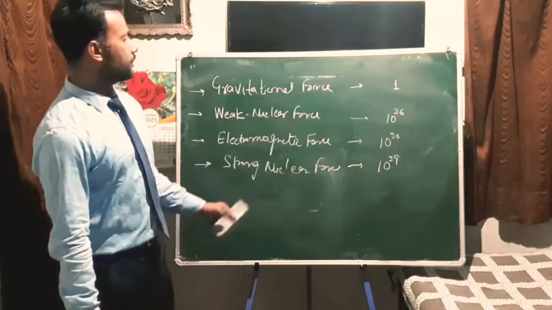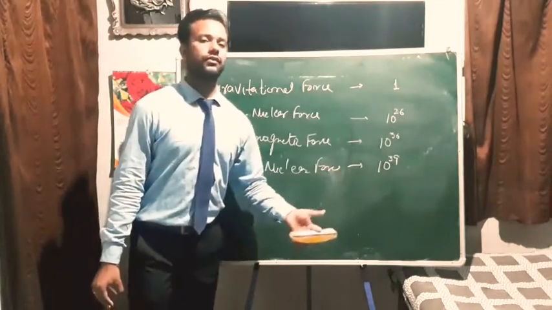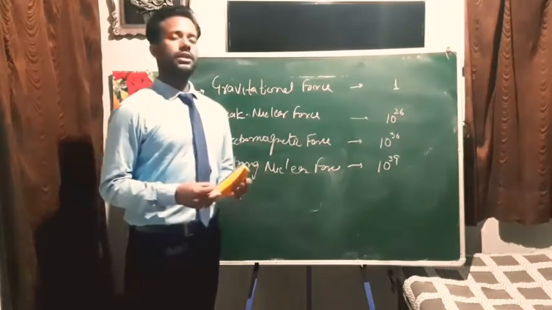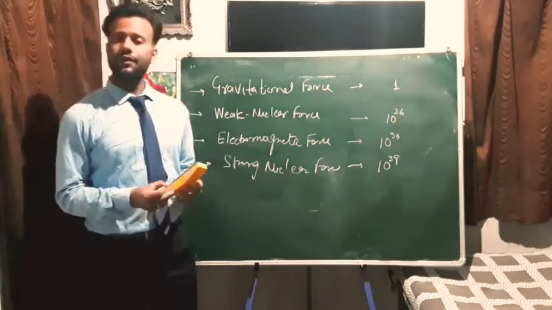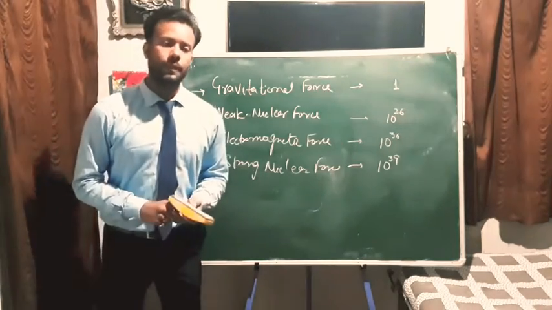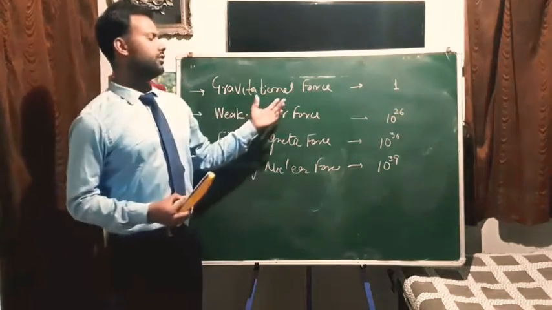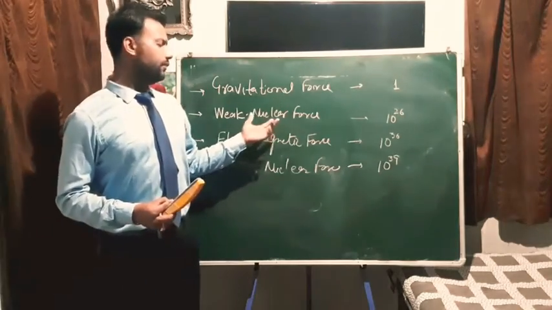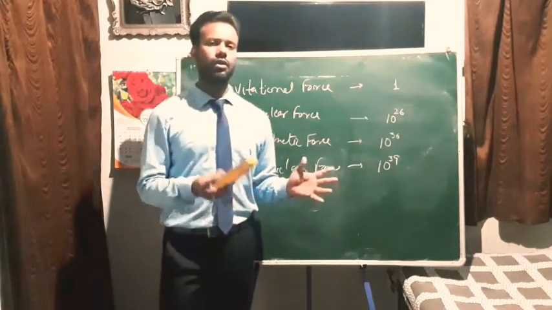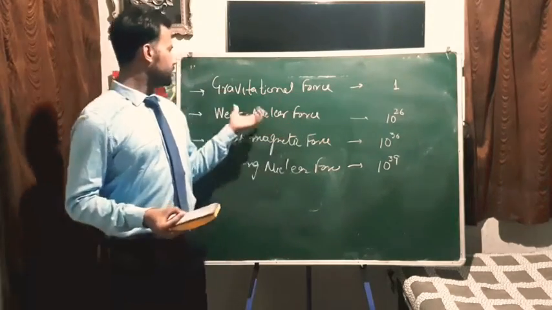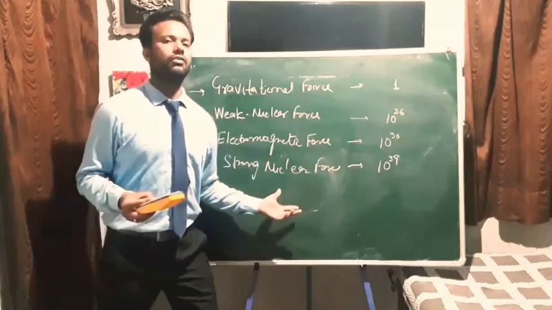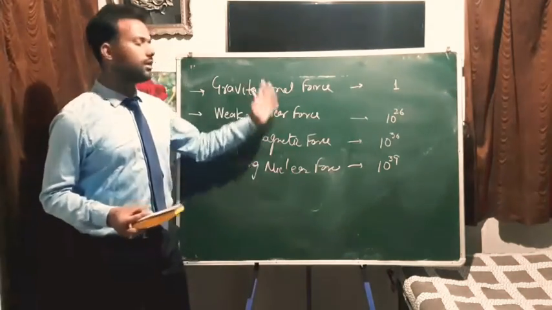Okay, so these are from the weakest to the strongest force in nature. See, each and every force has equal importance in the universe. We can't say that gravitation is more important than the weak nuclear or the electromagnetic, or that electromagnetic is more important than gravitation, or that we have the strongest force, the nuclear force, so we don't need these other forces.